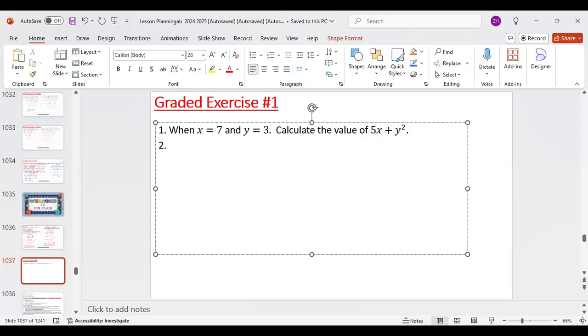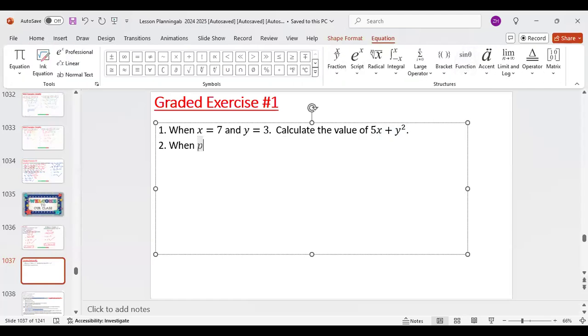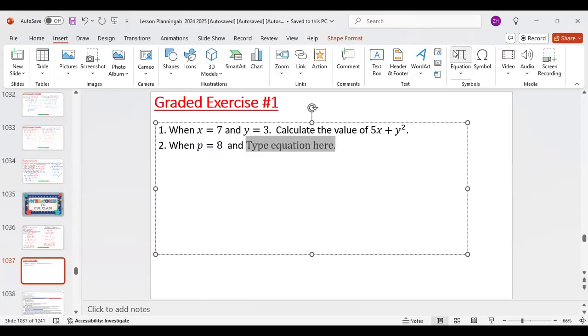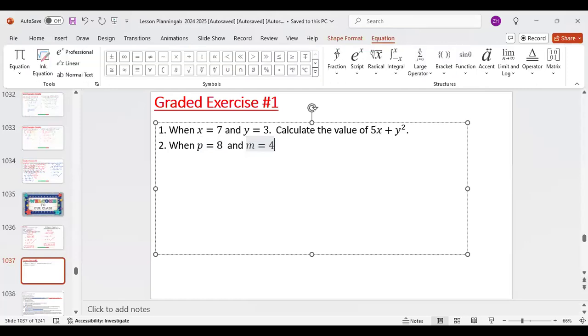Number 2. When p is equal to 8 and m is equal to 4, please show all working.